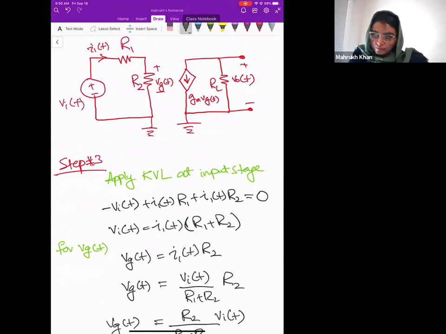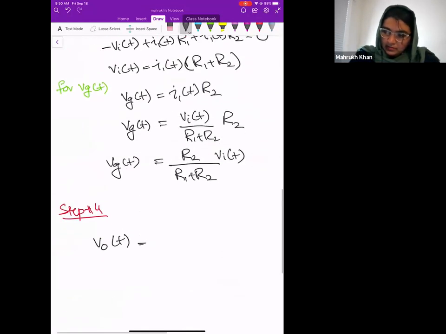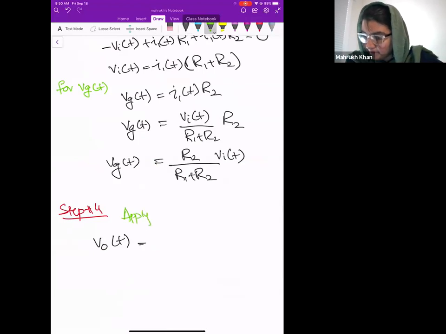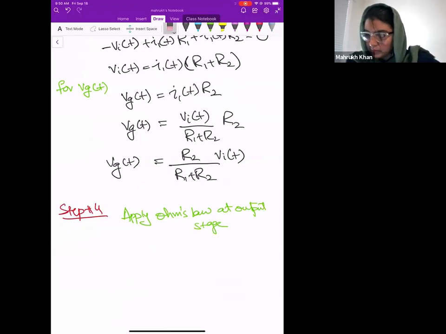I can apply Ohm's law, right? Because there is only one source and one resistance. But my question is, what will be the equation?